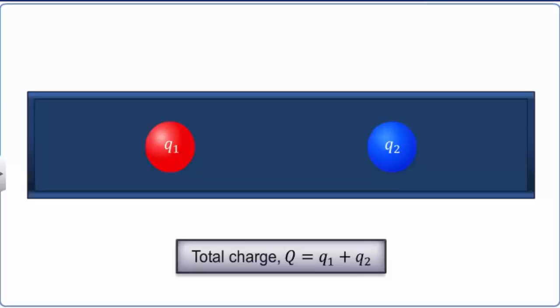Consider a body carrying a charge, say Q1. We add another charge Q2 to this body. Now, the total charge on the body is the algebraic sum of both charges. That is, total charge Q is equal to Q1 plus Q2.